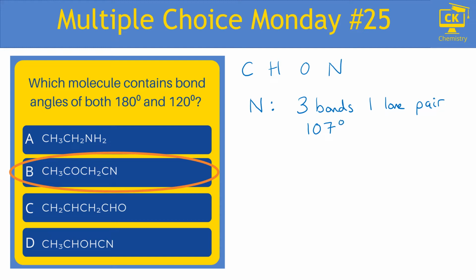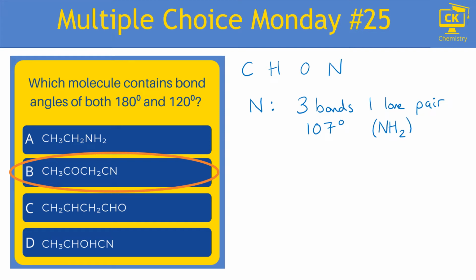Now, there is nitrogen when it's attached to carbon in CN as it is in B, and we'll come to that in a moment. But for anything, for example, where we see NH2, that is going to tell me that it's 107 degrees. I don't need to sit and work that out.